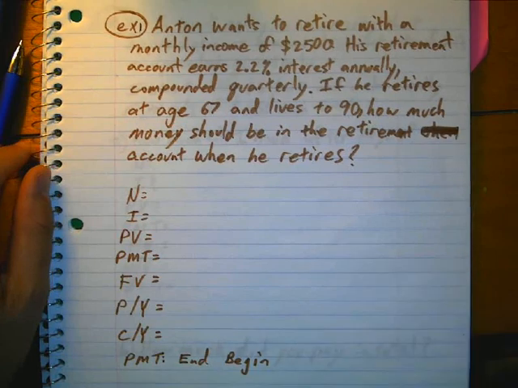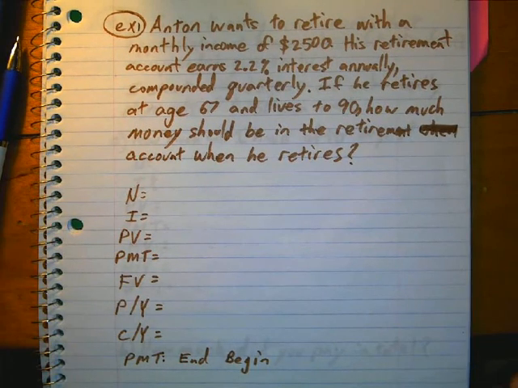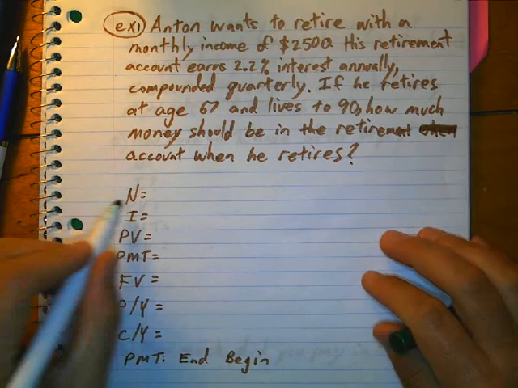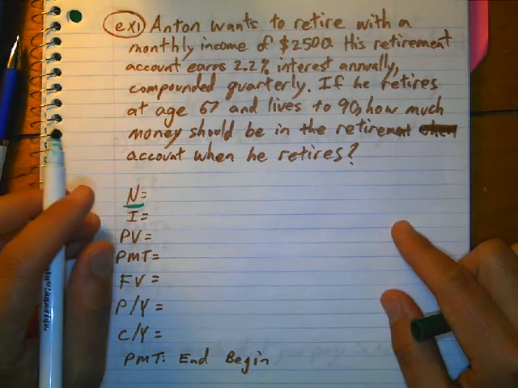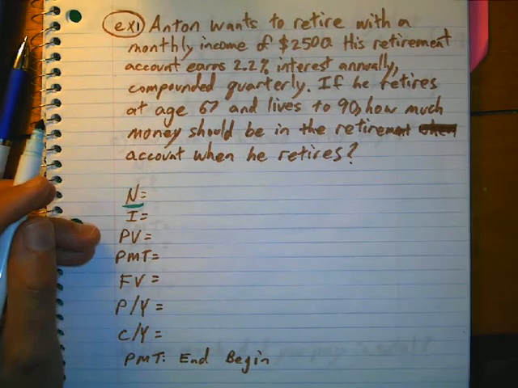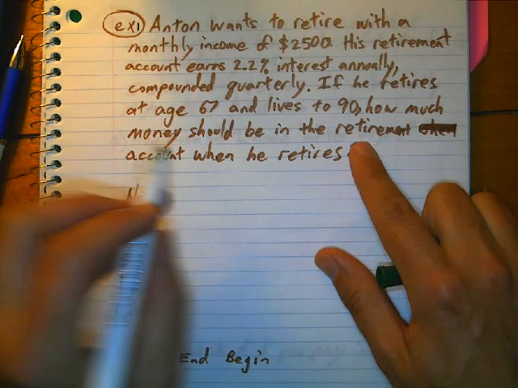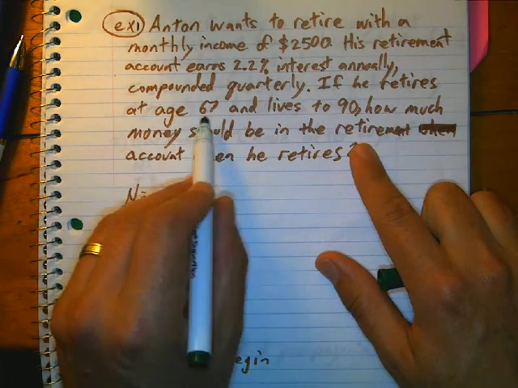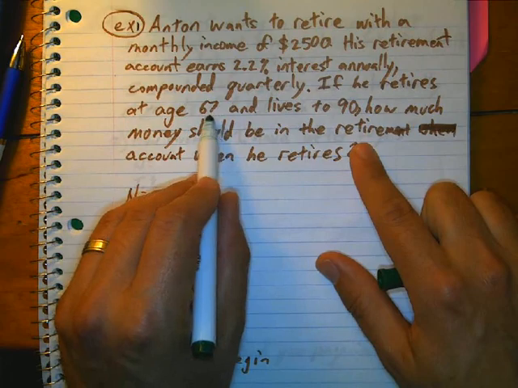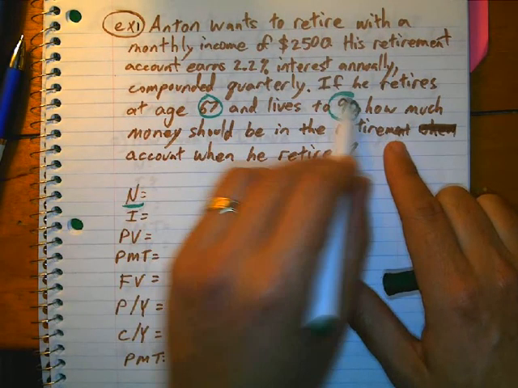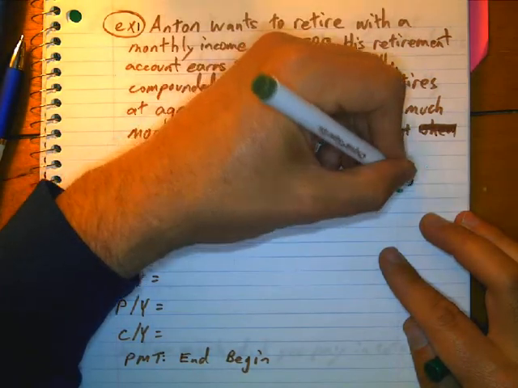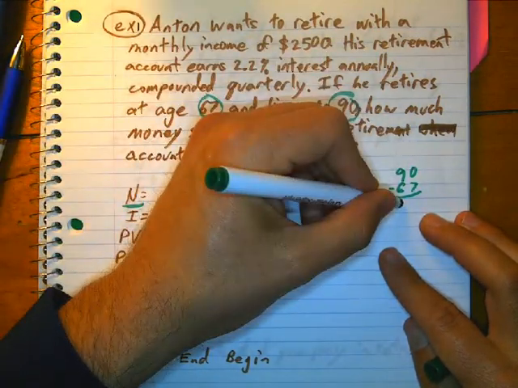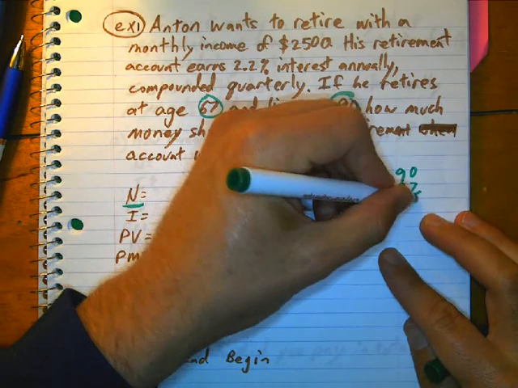Okay, so the first thing I'm going to do is figure out the N value here. Between ages 67 and 90, it's going to be 23 years, right?